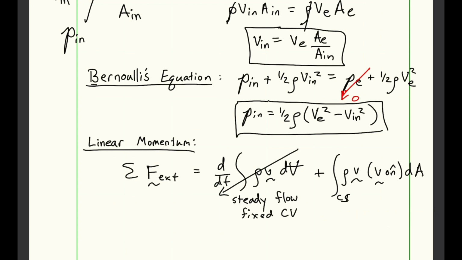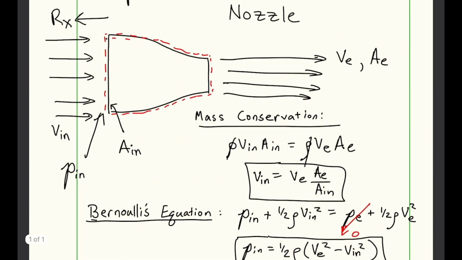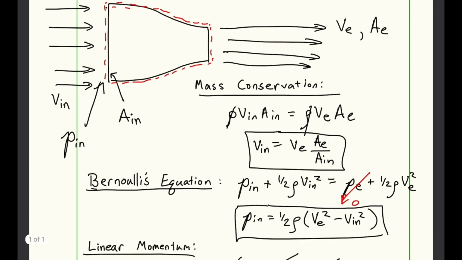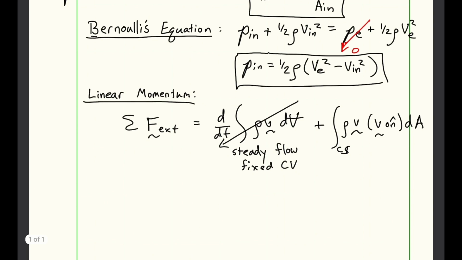The important bit, the new bit in this problem, is that if I look at the outside of my control volume, there is an external force at the faces that has to do with pressure.